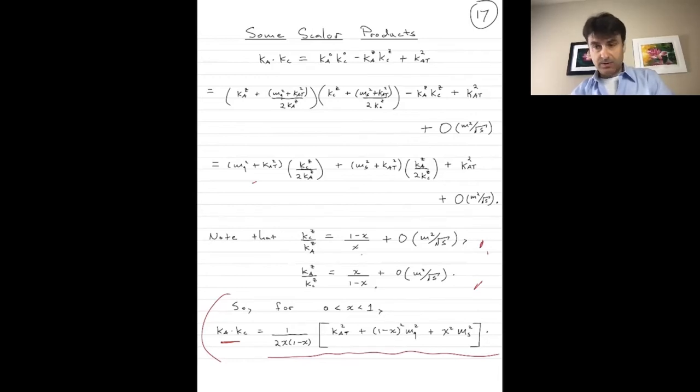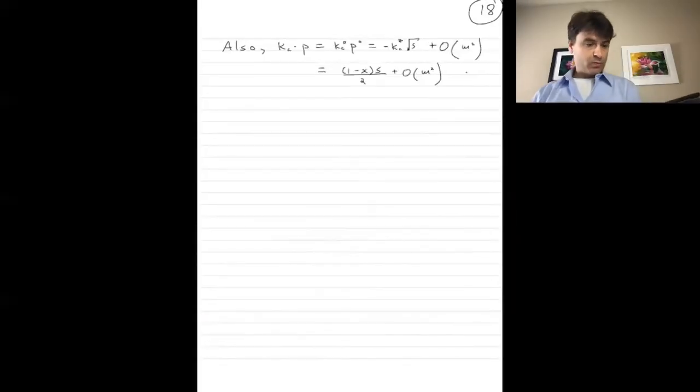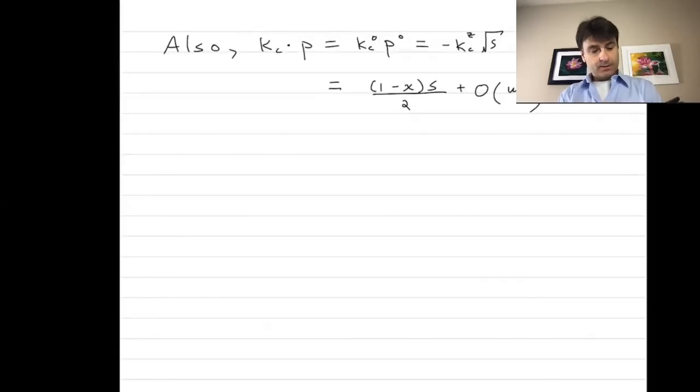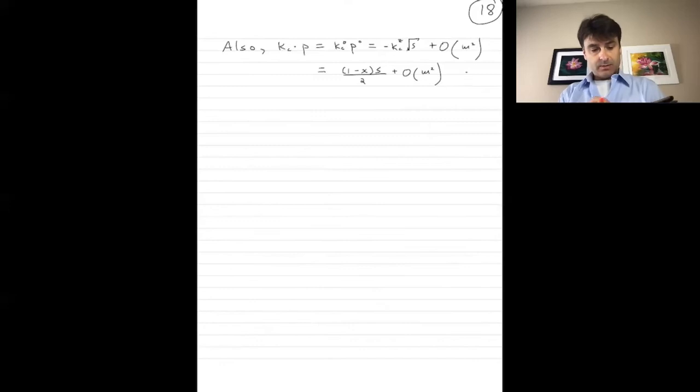And you should start to see basically a familiar combination of terms. Now there's one more scalar product that might turn out to be useful. That's Kc dotted into P. And since P just has a 0th component, that's Kc0 P0. P0 is root s.